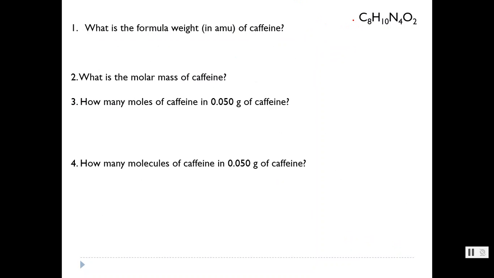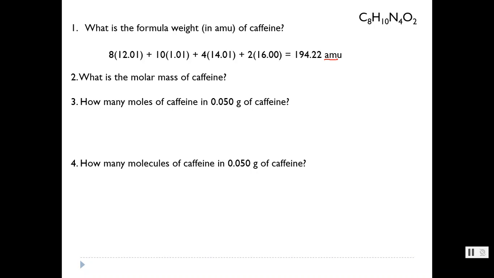For caffeine, we have 8 carbons, so we take the mass of carbon from the periodic table, 12.01, and multiply it by 8. Do something similar with the hydrogens: there are 10 hydrogens, 4 nitrogens, and 2 oxygens. Doing that appropriate multiplication and addition, you get 194.22 atomic mass units. That is the mass of one molecule of caffeine in atomic mass units.